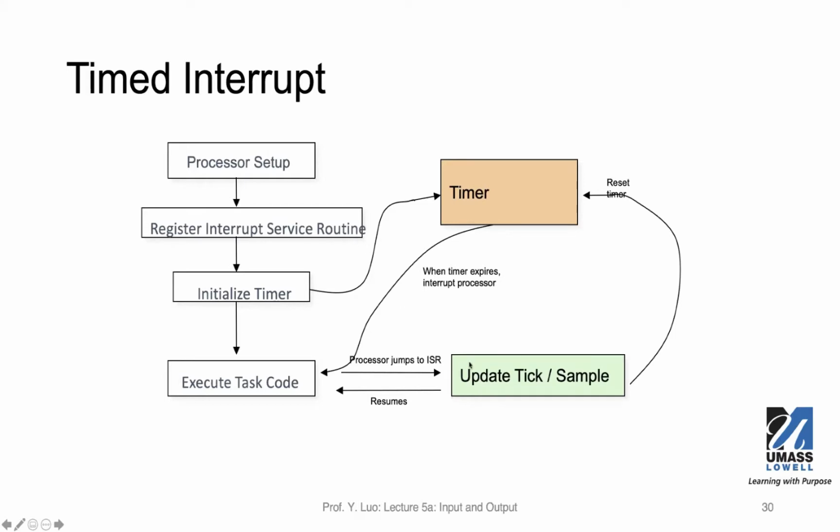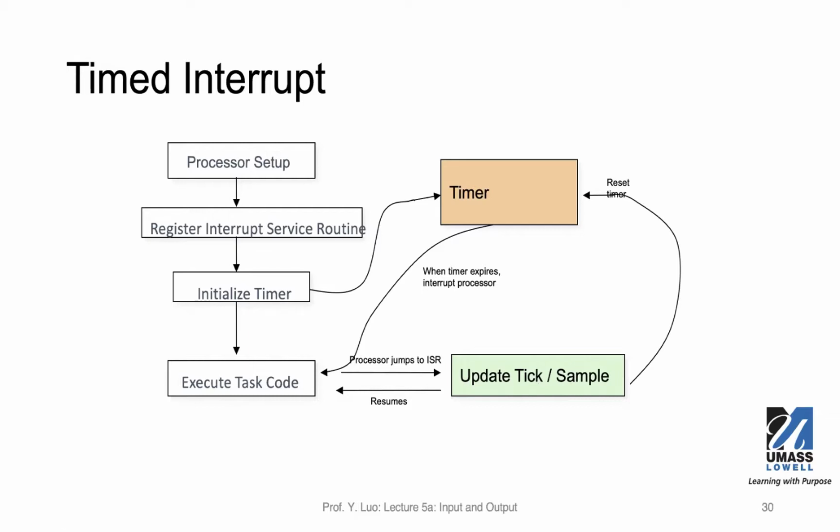And then in that interrupt service routine, you will do some updates, typically a counter. So you update your ticks, your sample, whatever variable that you want to record, the times or number of, or anything you want to do in the ISR will be done here. And of course, it's going to finish at some point, and then that will let the processor resume the execution of the main task.